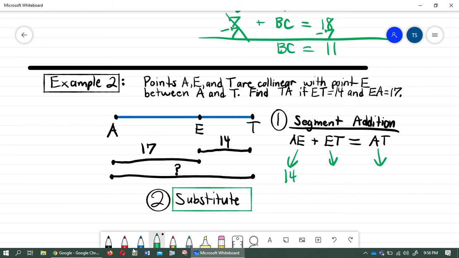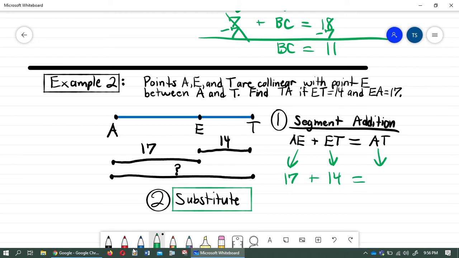ET was my bad, guys. ET was 14. AE or EA was 17. So go ahead and substitute what we do know.